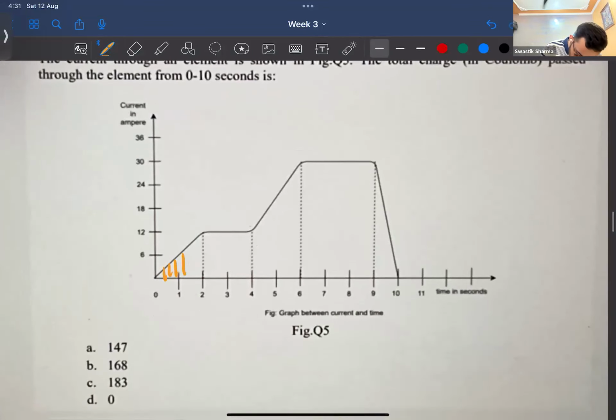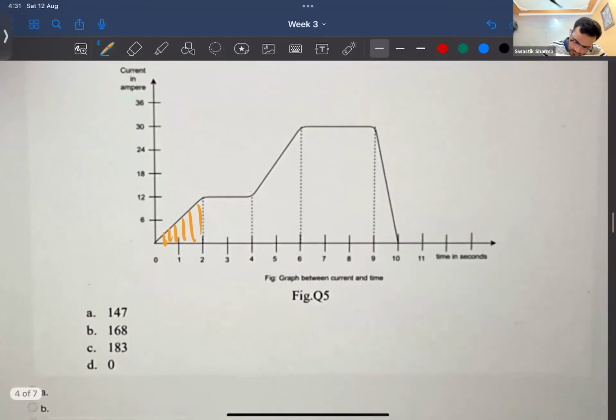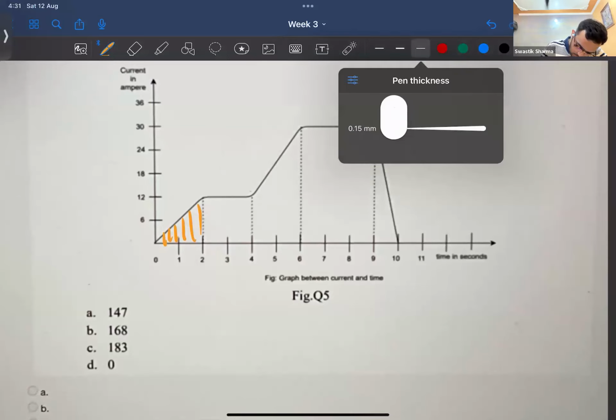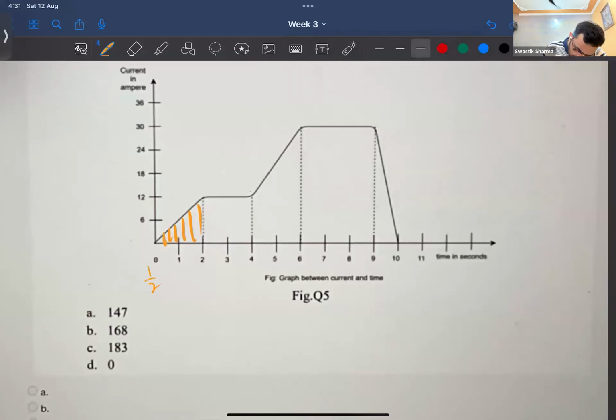What is this area? This area is nothing but half into 12 into 2, right? So this is 12. How much is this area? This is a square, right? Is it a square? 2, 4. No, it's a rectangle. So what is this area? It's 12 into 2, right? 24.